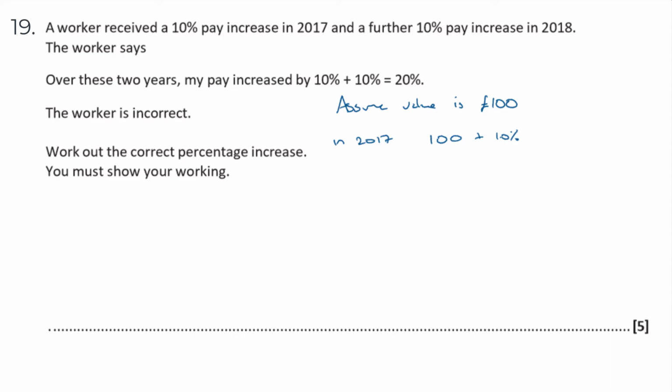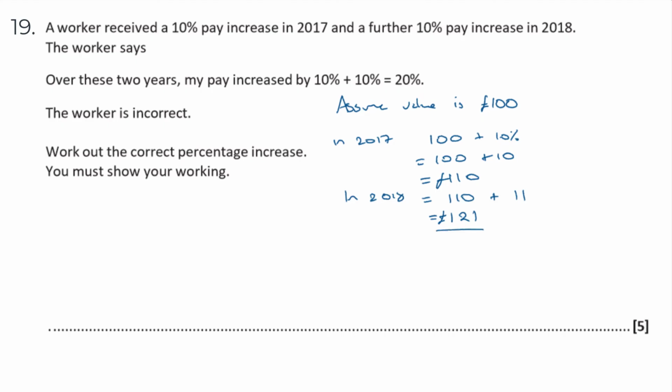So 100 plus 10 is £110. So at the end of 2017, you've got £110. And then in 2018, that's my £110 plus 10%. 10% of 110 is 11. So 110 plus 11 is £121. So you're going to get £121 at the end of 2018.